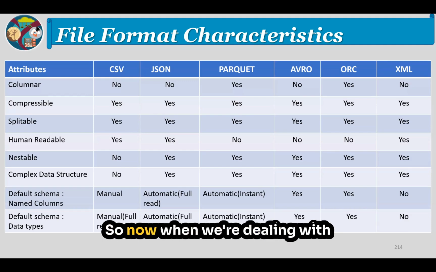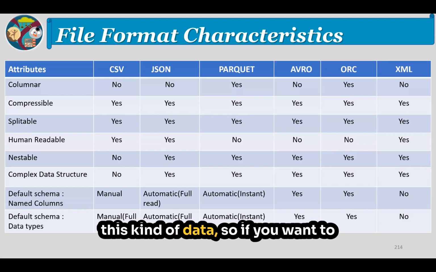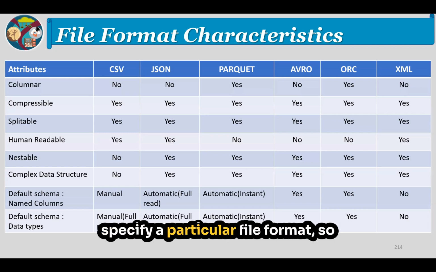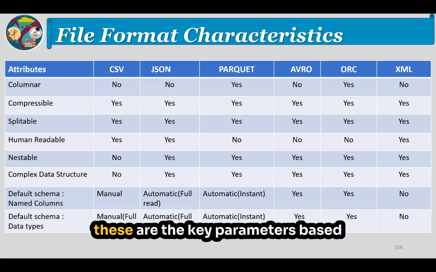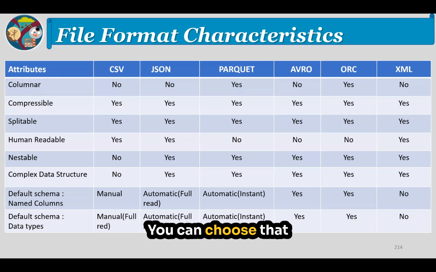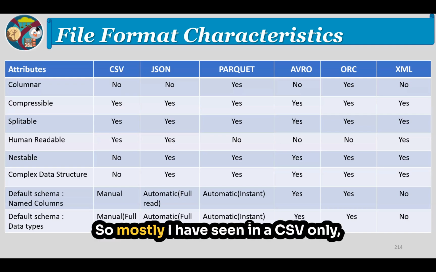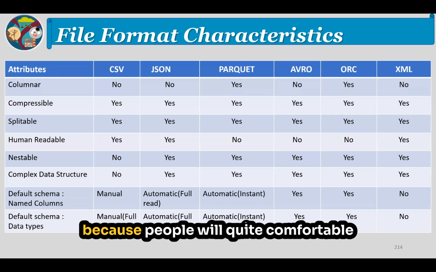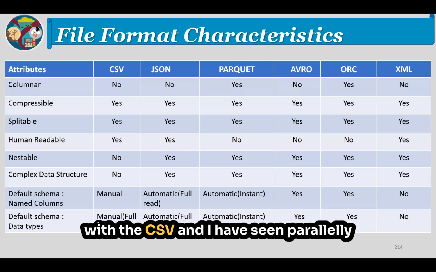Now when we are dealing with this kind of data, if you want to specify a particular file format, these are the key parameters. Based on this, you can choose which is best for your use case and use that file format in real-time projects. Mostly I have seen CSV only, even though it is not a columnar format, because people are quite comfortable with CSV.